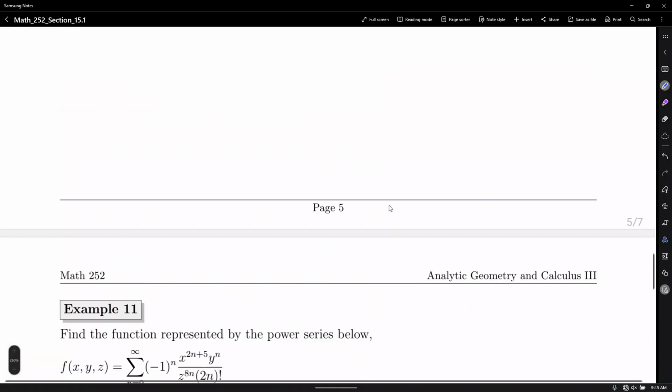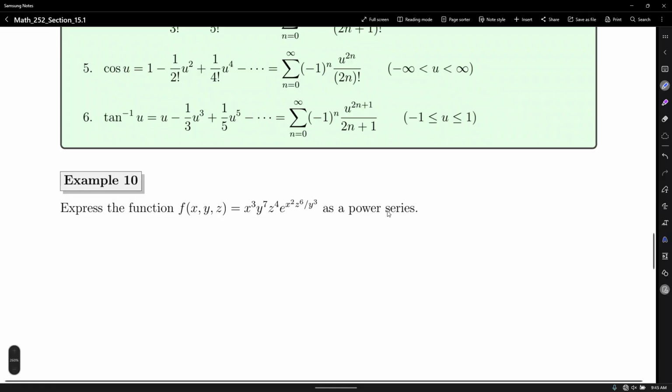Okay, so express the function f of x, y, z equals x cubed y to the 7, z to the 4, e to the x squared z to the 6 over y cubed as a power series. Alright? Well, this function looks crazy, but it's just identifying the elementary function, which function is it? The exponential.